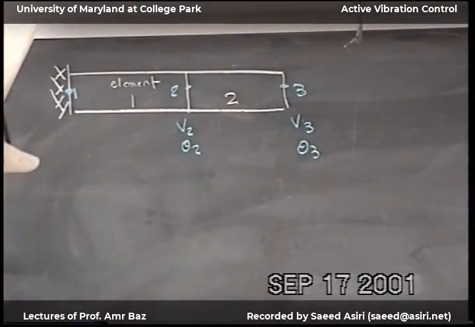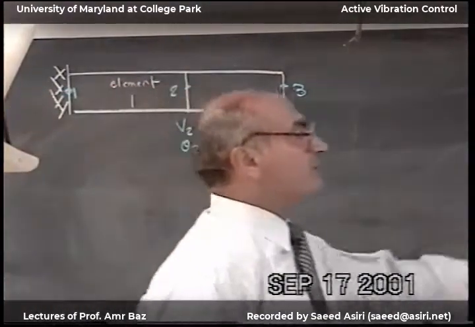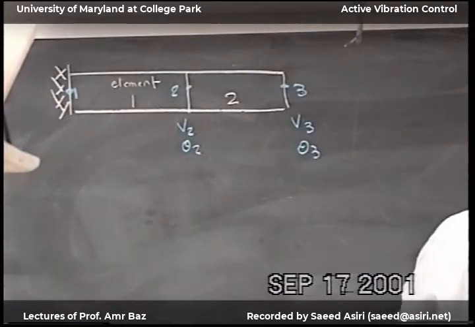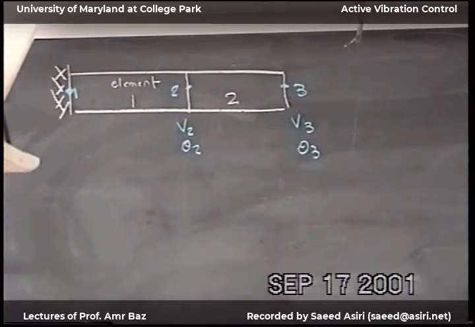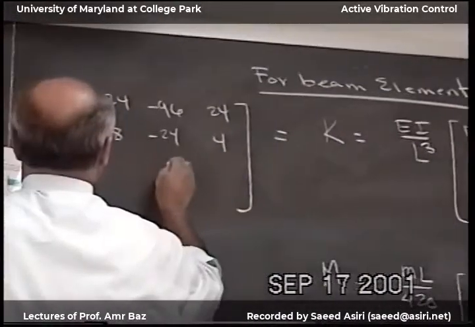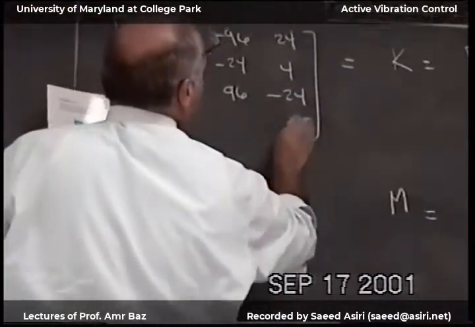Now when I write down the entire stiffness matrix, I'll take the element stiffness matrix, which is equal to 96, 24, minus 96, 24, 8, 4, 96, minus 24, and 8.